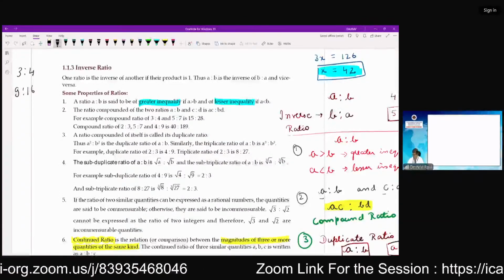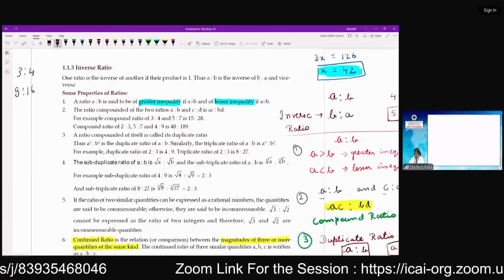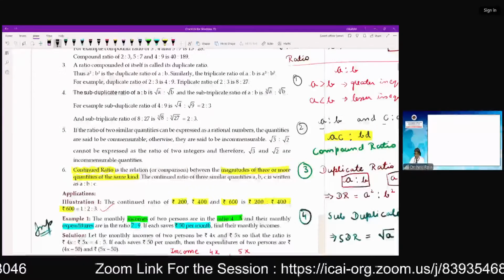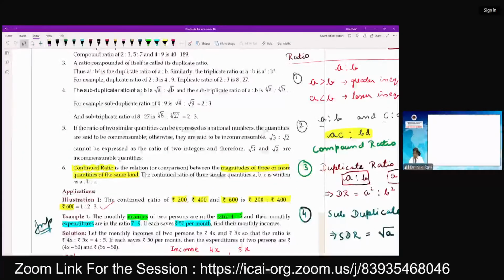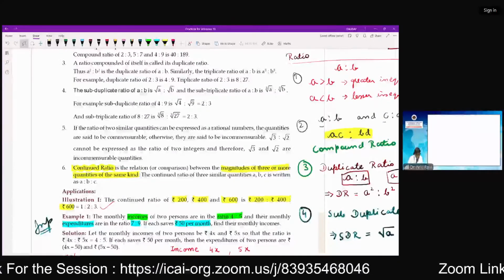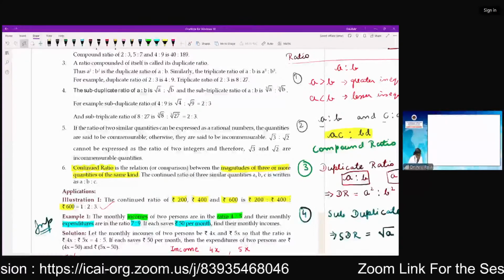Gauravji, sorry to interrupt you. Students are very familiar with these easy examples. One more request: if you can, take the same kind of example from the study material, question number 20 and 21.